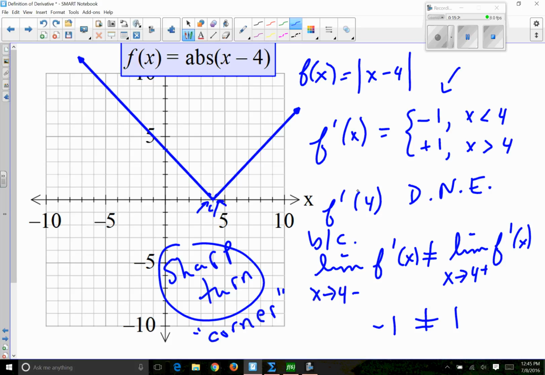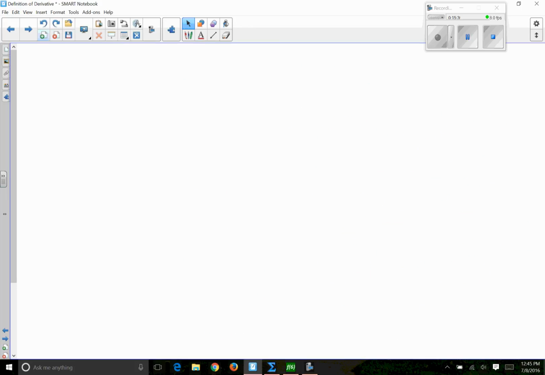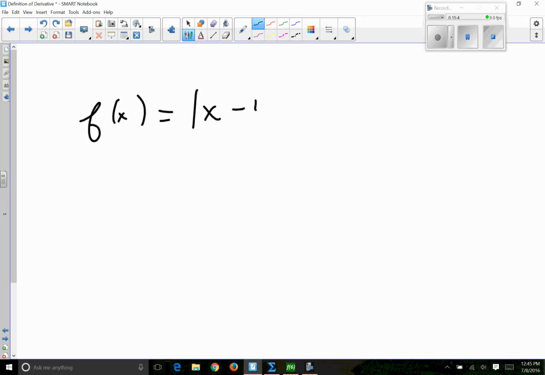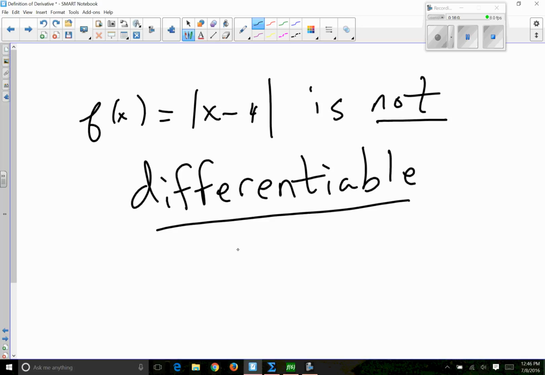So we're going to say the derivative at 4 does not exist. We also say the words this function is not differentiable at x equals 4.